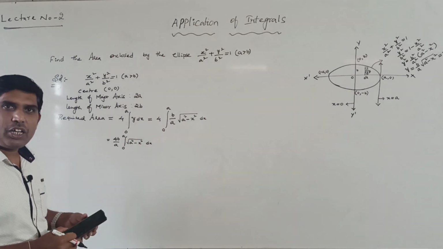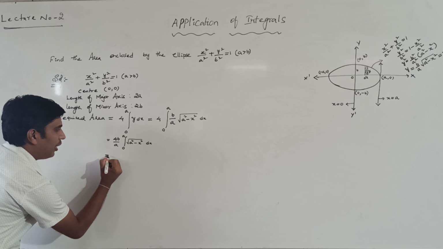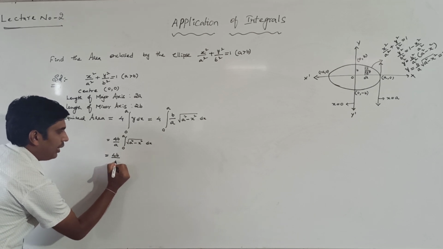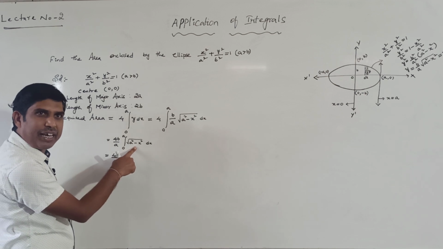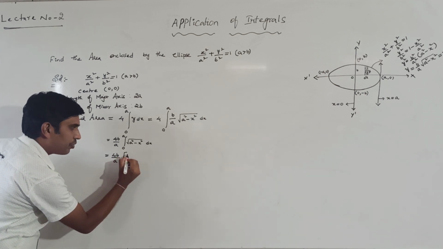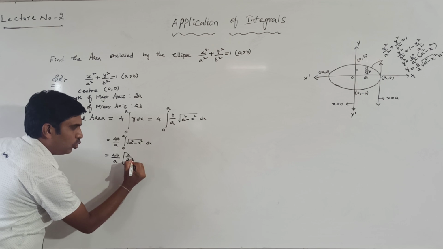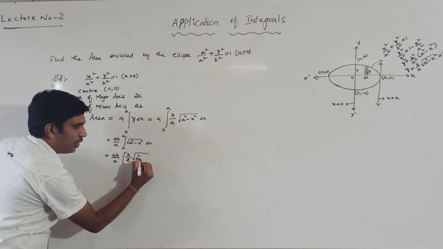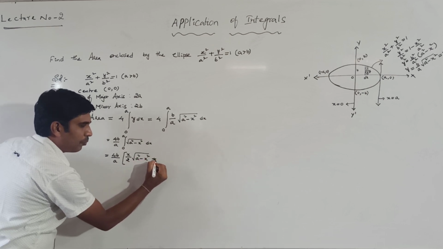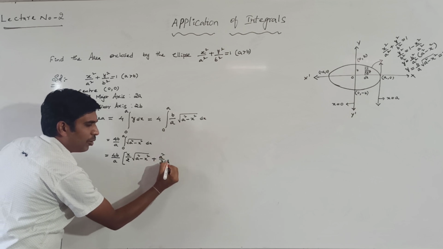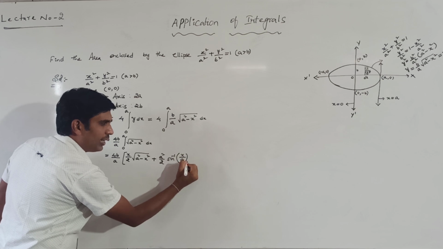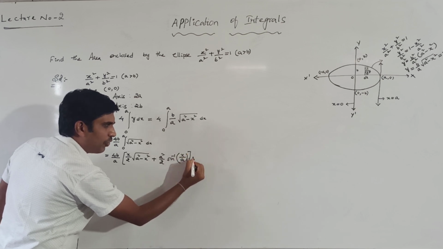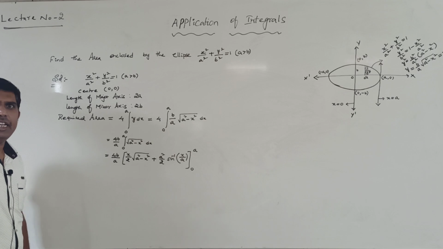Integral 0 to a root over a square minus x square. So 4b by a, what is the formula for the integral of root over a square minus x square? Nothing but x by 2 root over a square minus x square plus a square by 2 sin inverse of x by a, limits from 0 to a.